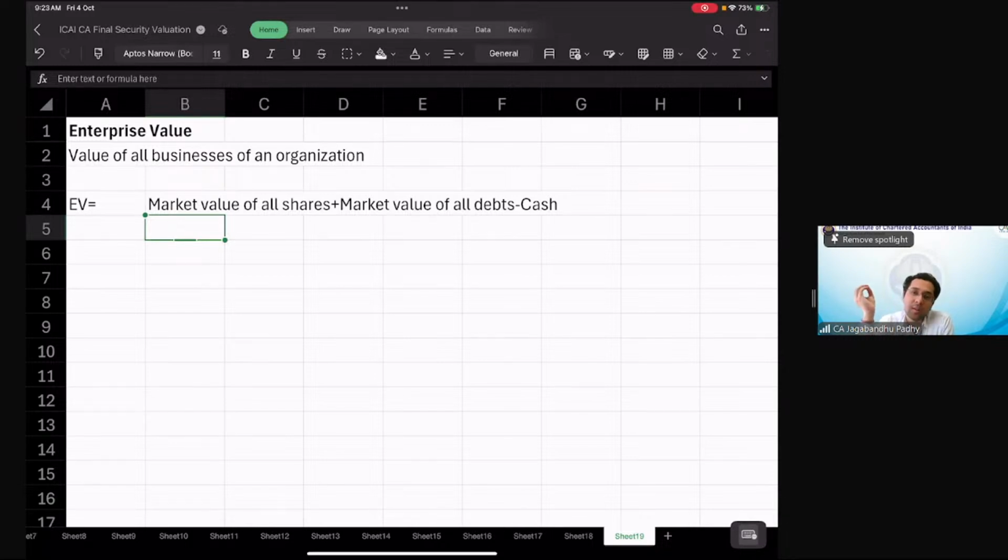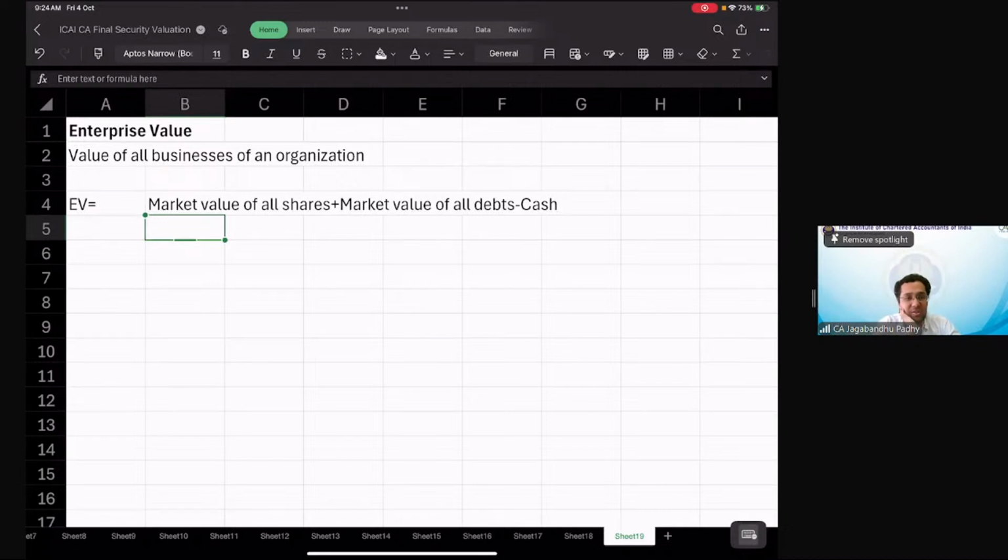The asset in which you invest cash is going to generate value for you. Like suppose you invested 5,000 cash in purchasing shares of a company. Now, is that share going to generate value for you? Yes, the share is going to generate value because you have invested it. So cash, when invested, then only it's going to give you some value creation.